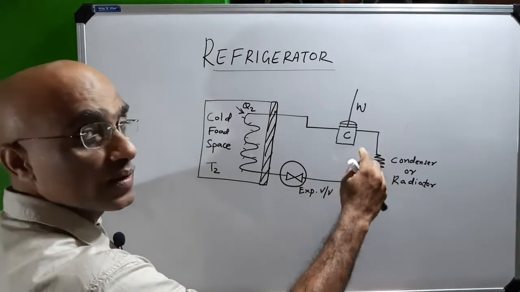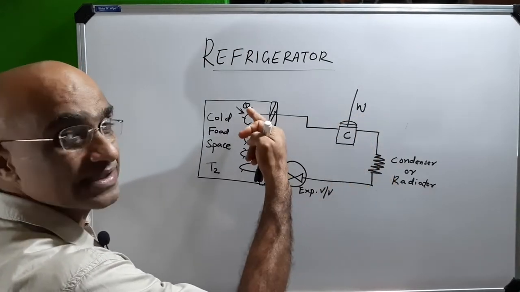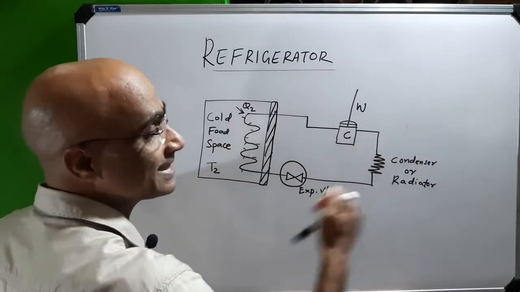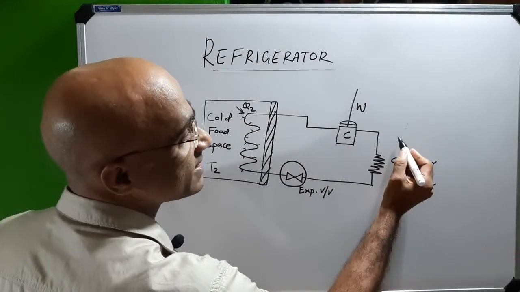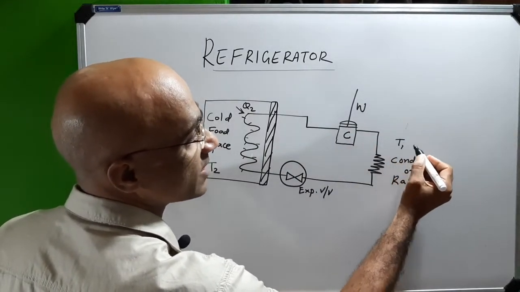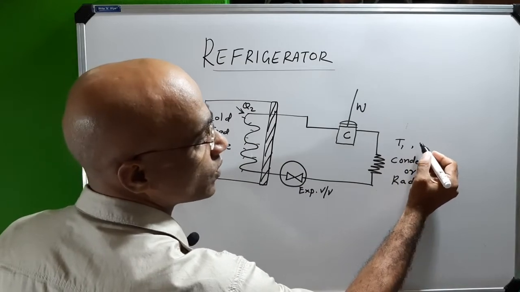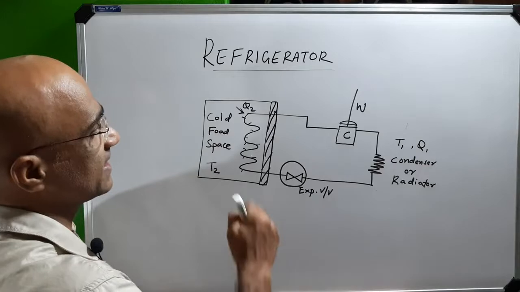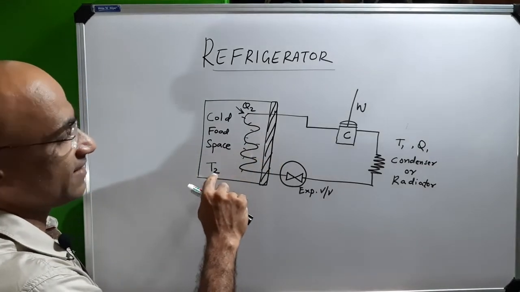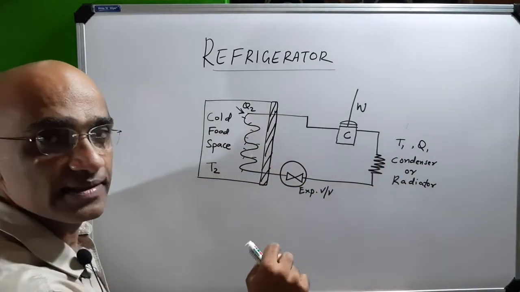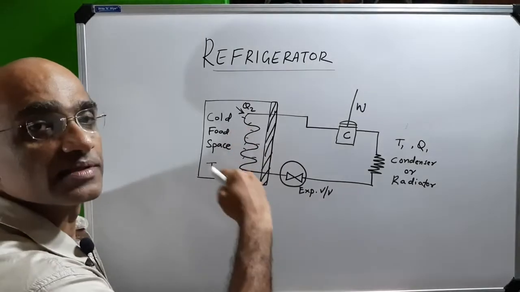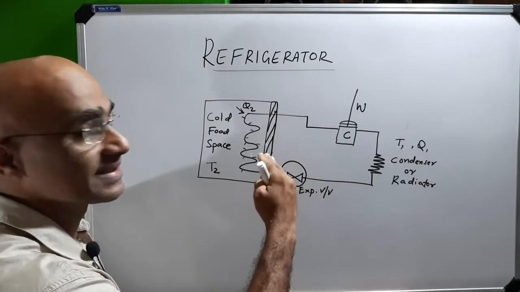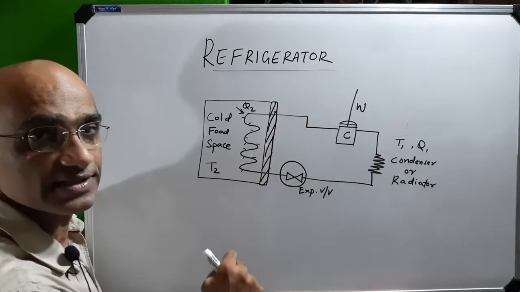So the heat of compression and the warmth that has been absorbed is sent out to the warm surroundings, which is at temperature T1. I told you that we give this suffix 2 and 1 because the Carnot's heat engine that works in the reverse order is the refrigerator.